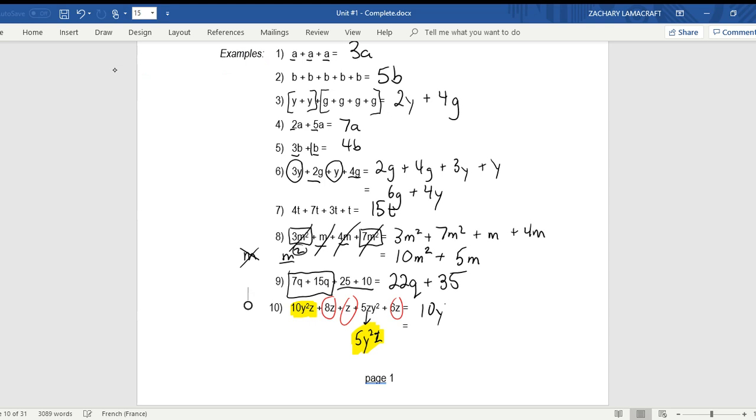So we have the 10y squared z plus 5y squared z plus 8z plus z plus 6z. So 10 plus 5 being 15y squared z plus 8 and 1 is 9 plus 6 being 15z being our final answer.